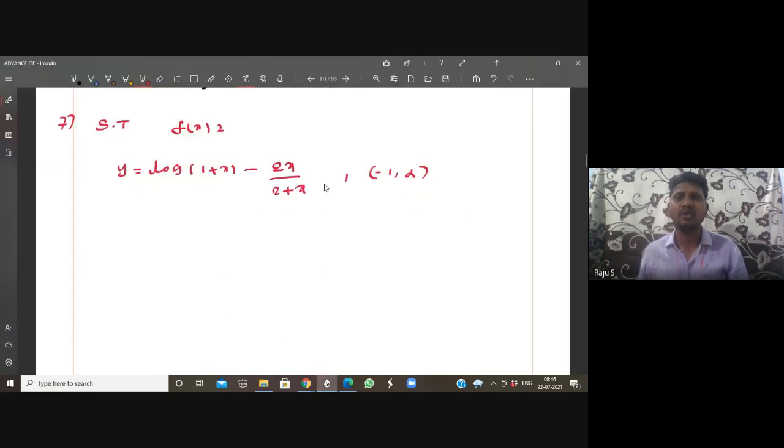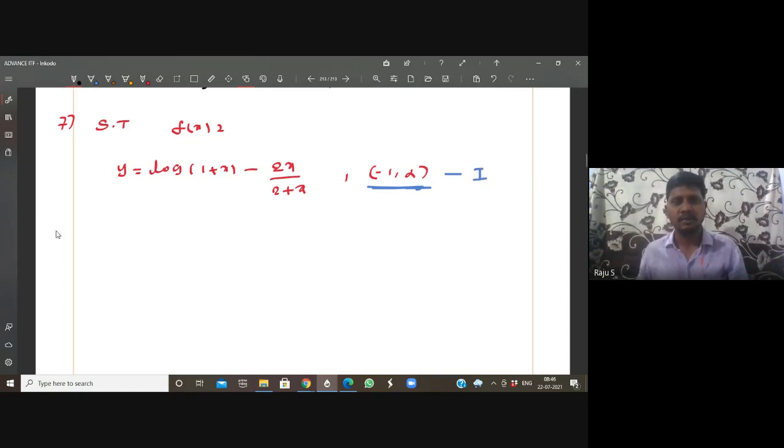Domain means we have to show that the given function is increasing throughout this interval, that is -1 to infinity. That's it. In that interval we can show that it is increasing.